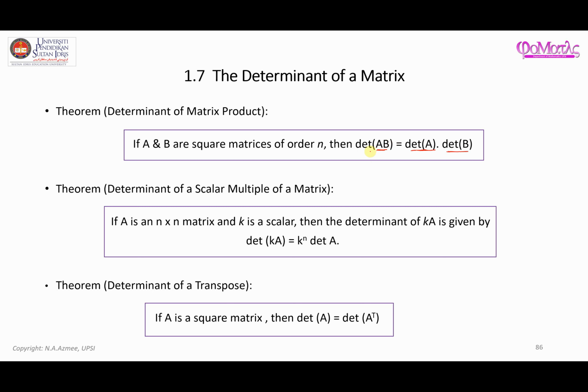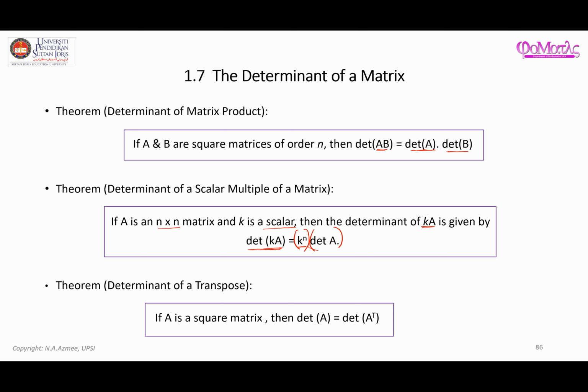Then if you have an n by n matrix and K is a scalar constant, the determinant of KA is the same as taking out K with exponent n, where n is the size of the matrix, and multiplying that with the determinant of A.